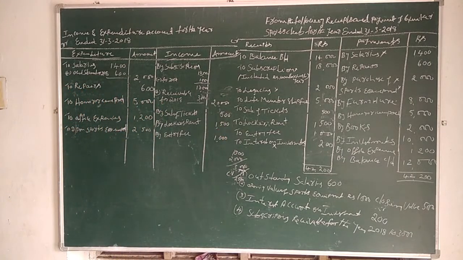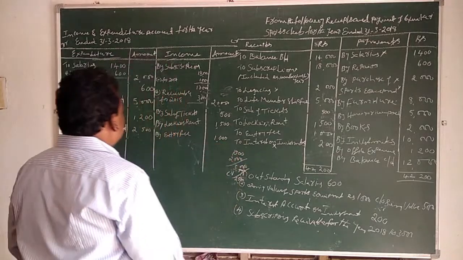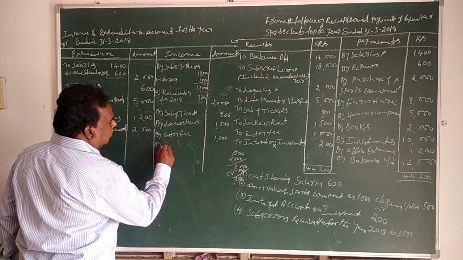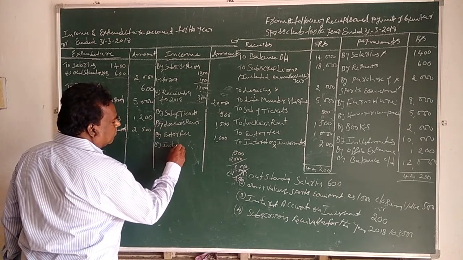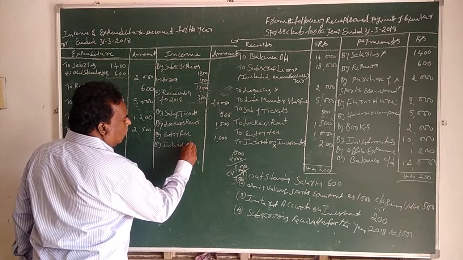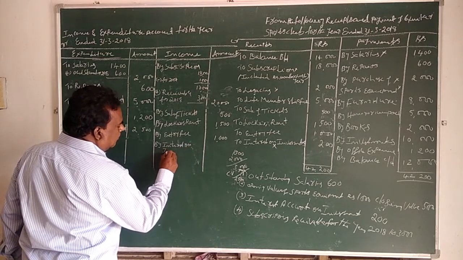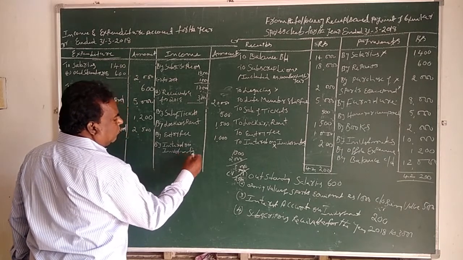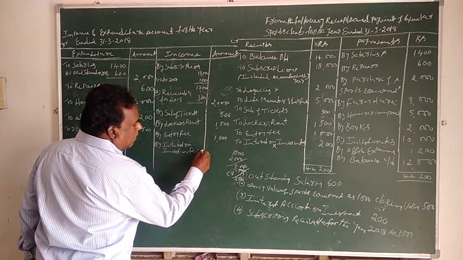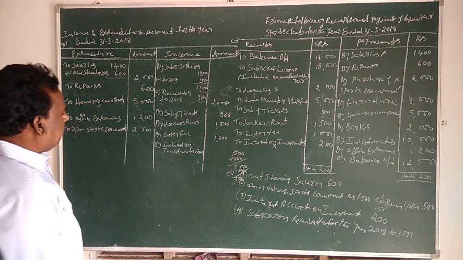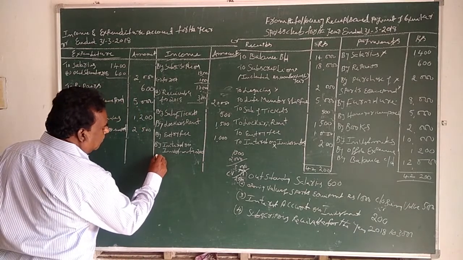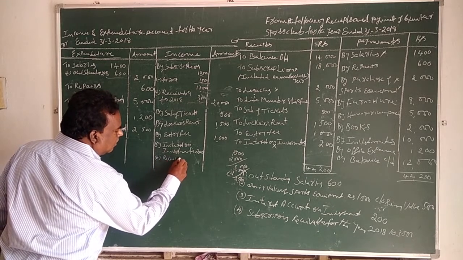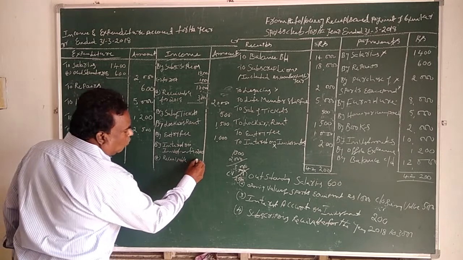Next, interest on investments 200. Adjustment is there. By interest on investments 200 plus accrued or receivable interest 200.